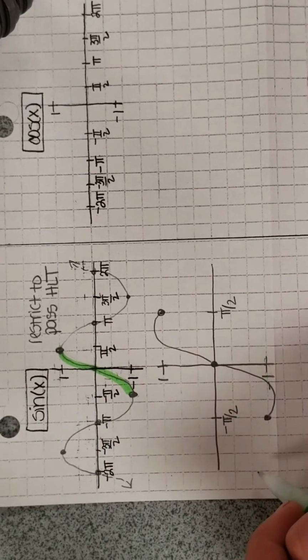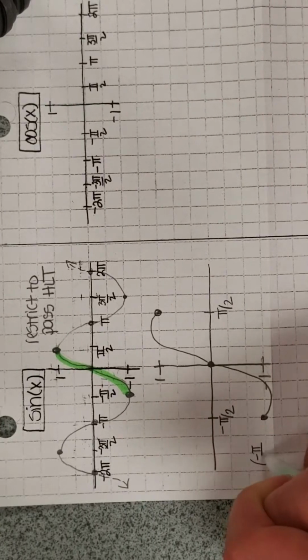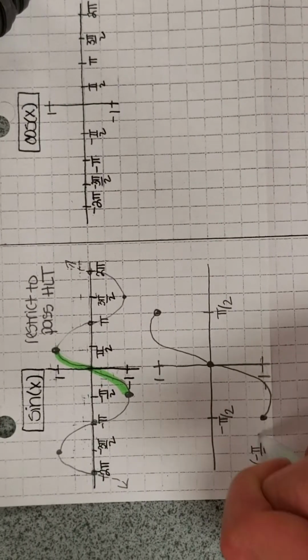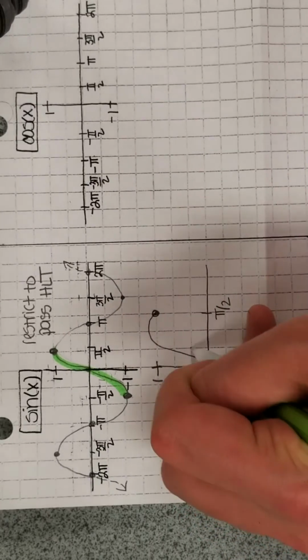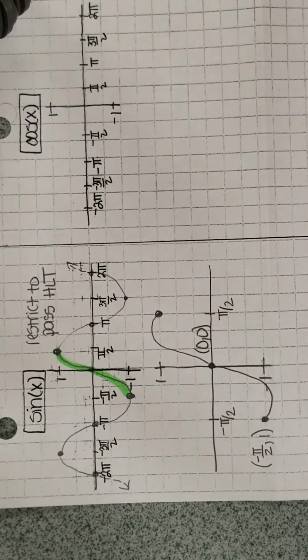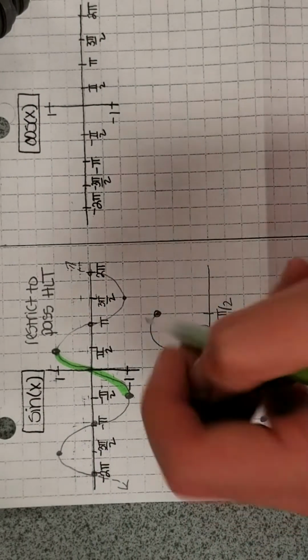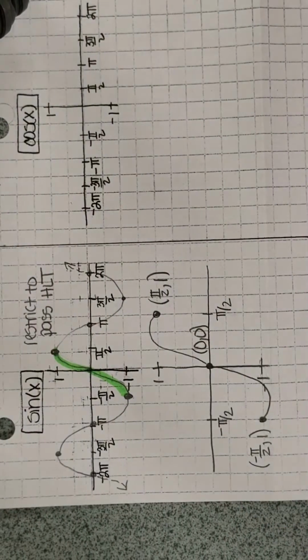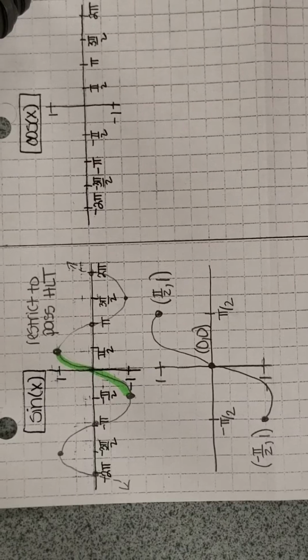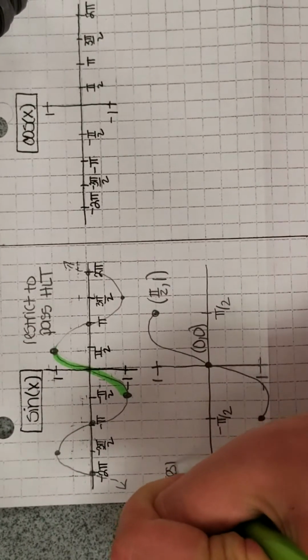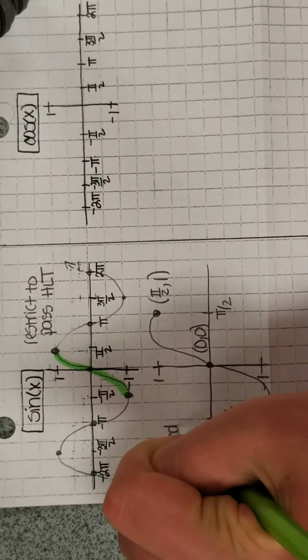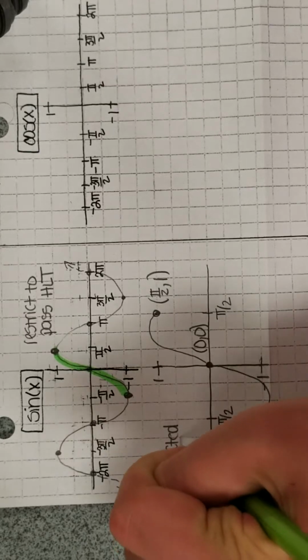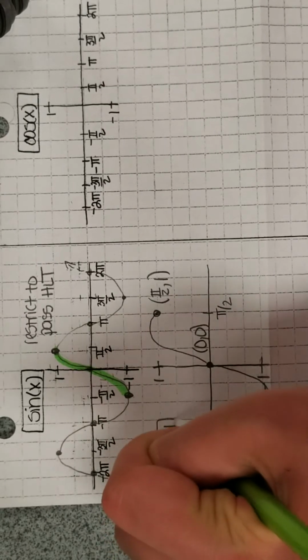So this was -pi/2, -1. Here we have 0, 0. And then pi/2, 1. This is our restricted sine of x graph.